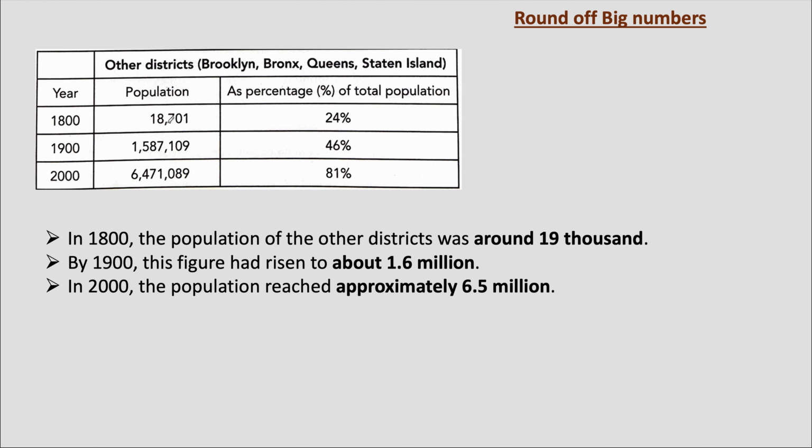In this table, instead of writing this long number, we can write around 19,000, and instead of this one, we can write around 6.5 million. This makes the writing shorter and clearer, and exact figures are not always necessary.